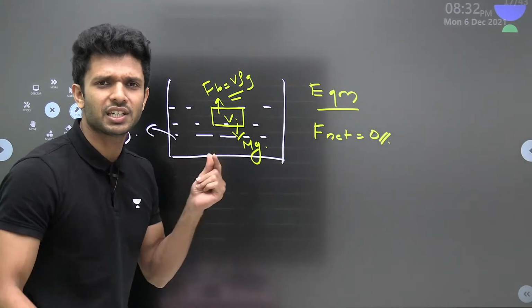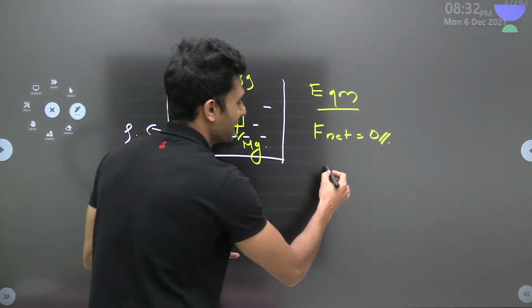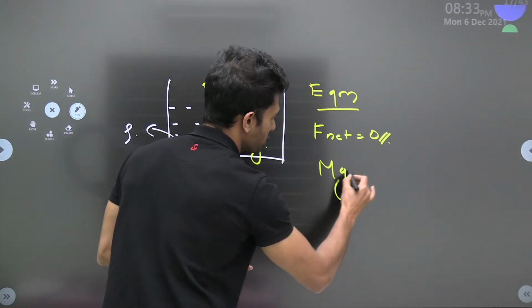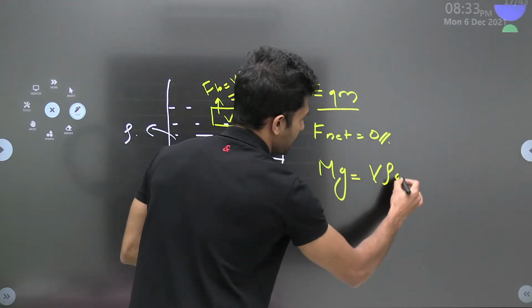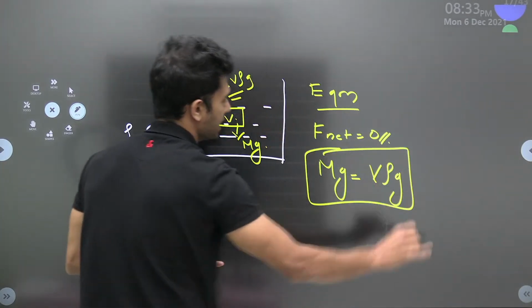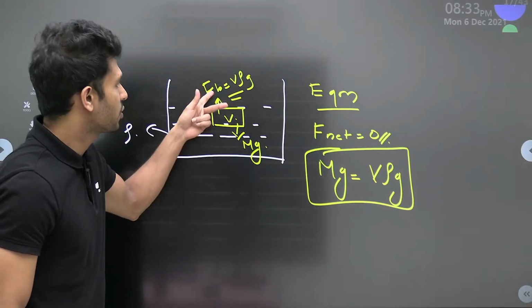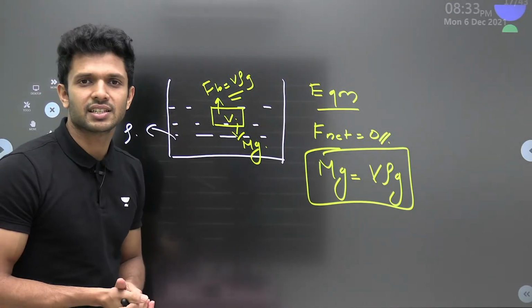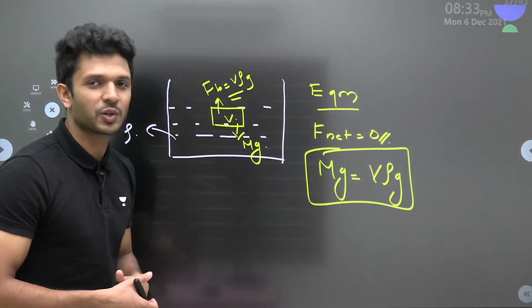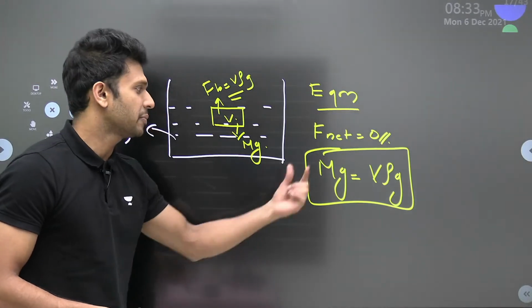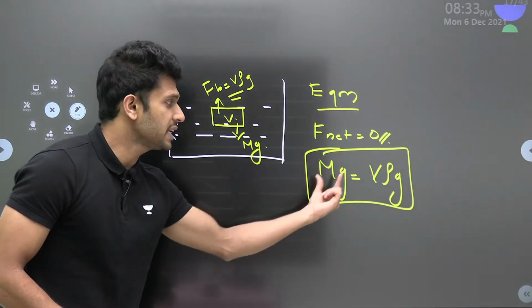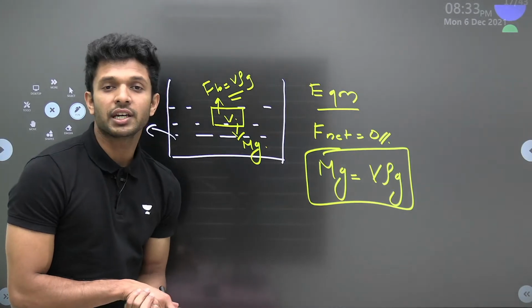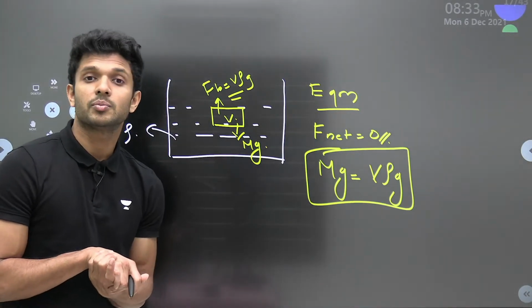The net downward force will be equal to the net upward force because the net force acting on the body is 0 and they cancel each other. So obviously downward force and upward force will be equal. Here the weight of the body is equal to the buoyant force acting on the body.